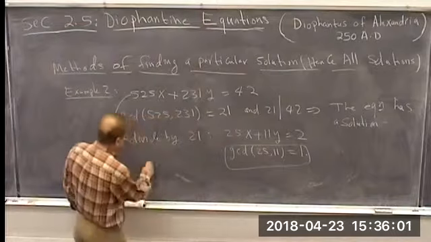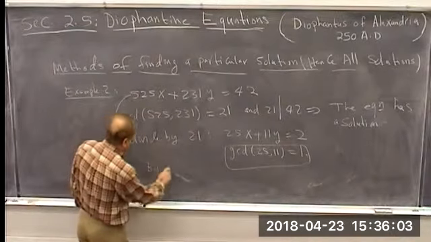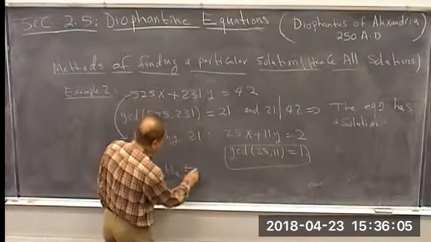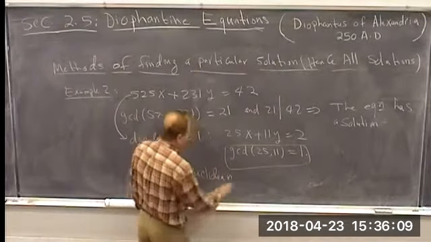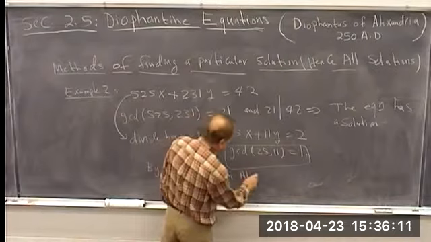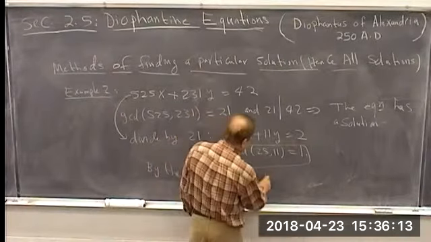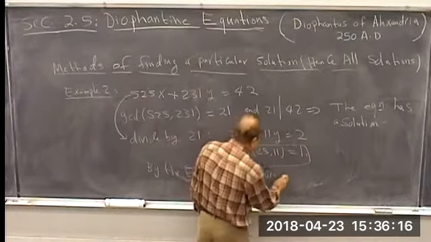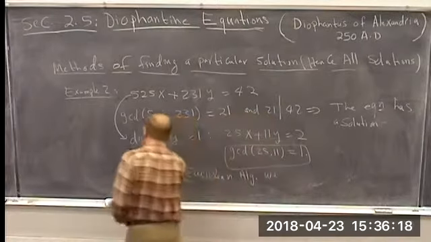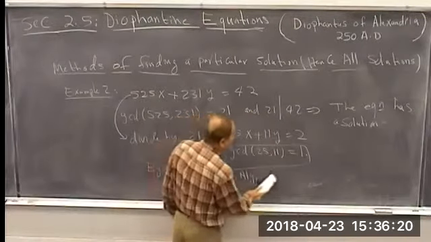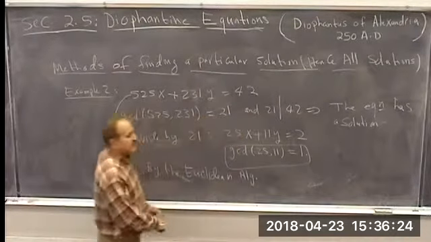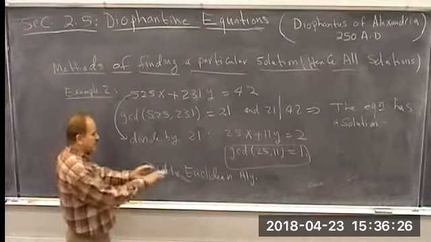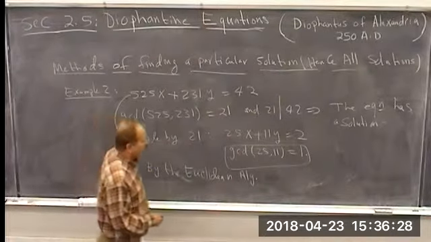So by the Euclidean algorithm, there exist, which means you're going to be finding the greatest common divisor of 25 and 11 by doing this division algorithm several times till you come up with a remainder of 0. All right?